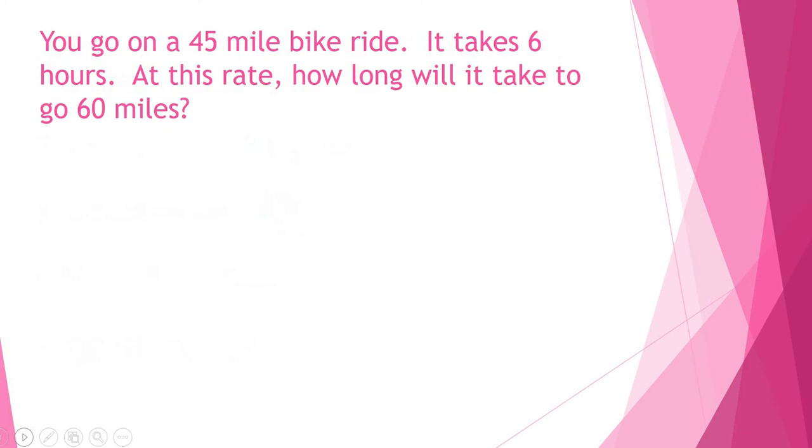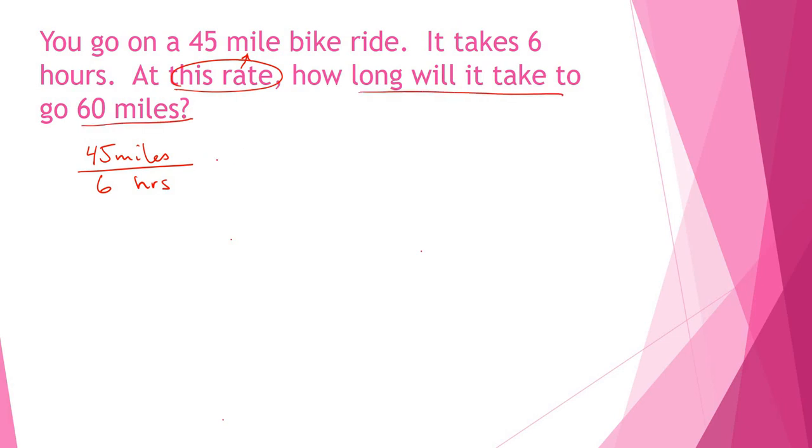So you go on a 45-mile bike ride. It takes 6 hours. At this rate, so the rate they're talking about is 45 miles for every 6 hours. The question is, how long will it take to go 60 miles? I'm going to set up a proportion because I am keeping the same rate or ratio, but now I'm going to change my distance to 60 miles, and I want to know how many hours.